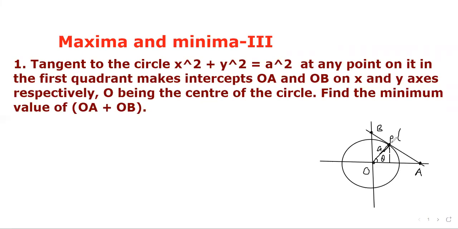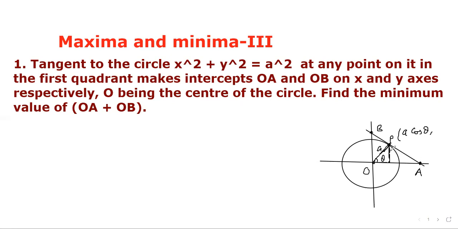We consider point P whose coordinates can be found by applying simple trigonometry. OP is the radius. So this distance x will be base upon hypotenuse, that will give a cos theta.